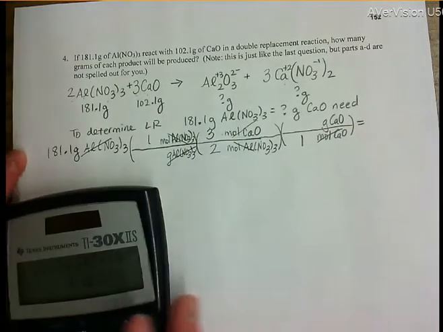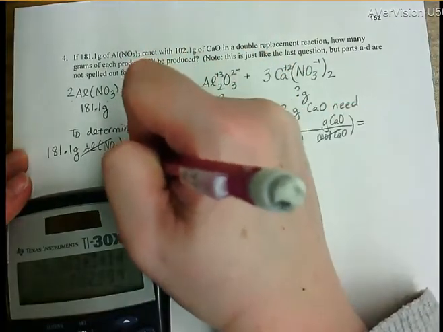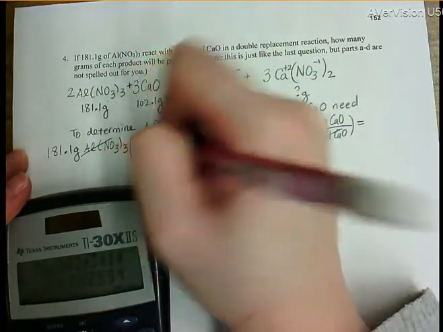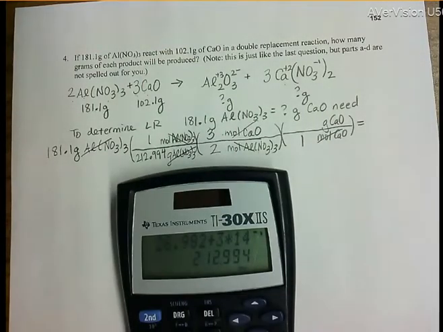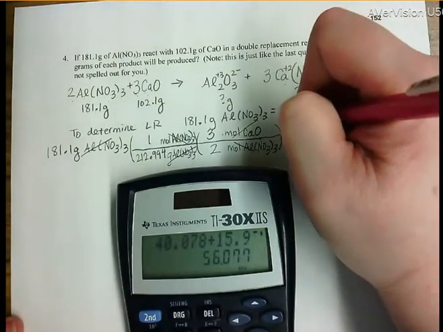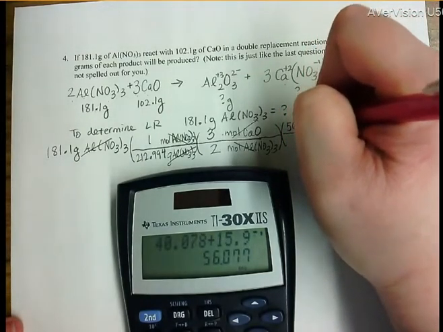So 212.994. For calcium oxide, calcium is 40.078. Oxygen is 15.999. And so this is 56.077.